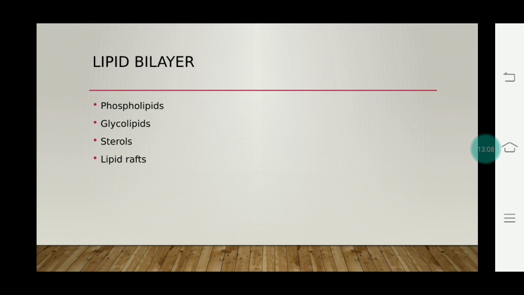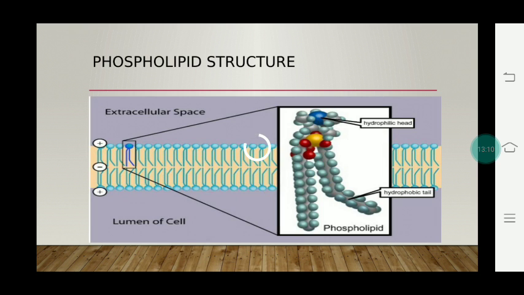So you can get the idea about the lipid bilayer, which has a hydrophilic head and hydrophobic tail, made up of phospholipid structure and other structures like glycolipids, sterols and lipid rafts.